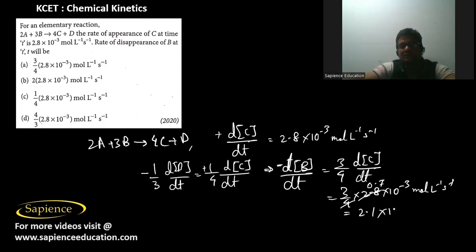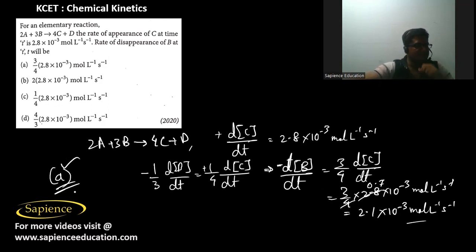So 2.1 into 10 power minus 3 mole per liter per second. So option A is the correct answer.